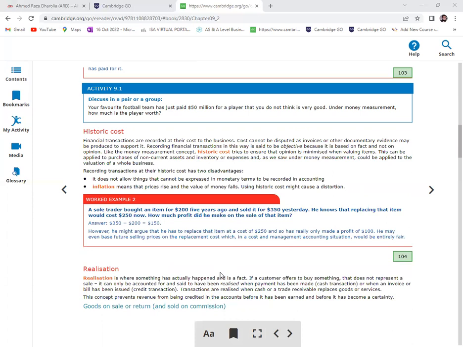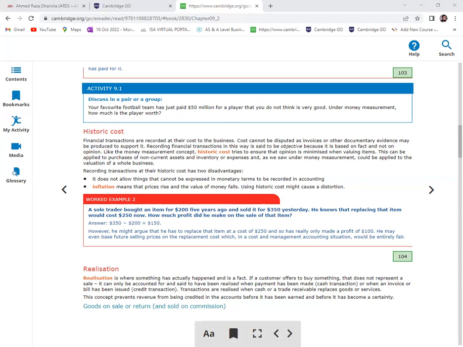So an asset increases on the debit side at what amount? At the amount at which we bought it. If I am buying an asset for $100,000, I should record it at $100,000.